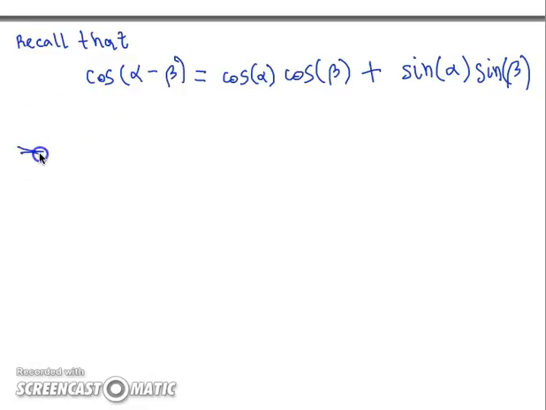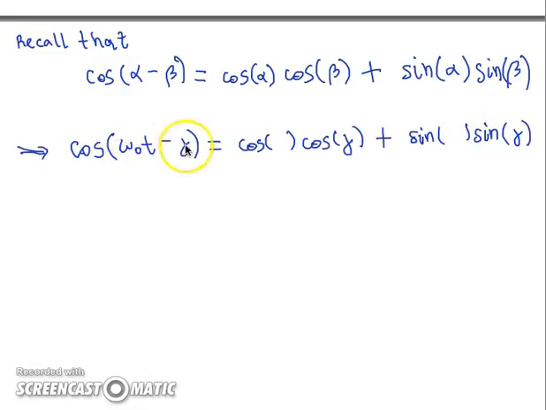In view of that identity, let's now consider the cosine of omega t minus gamma, where gamma is a constant. This becomes cosine of omega t multiplied by cosine of gamma, plus sine of omega t multiplied by sine of gamma.